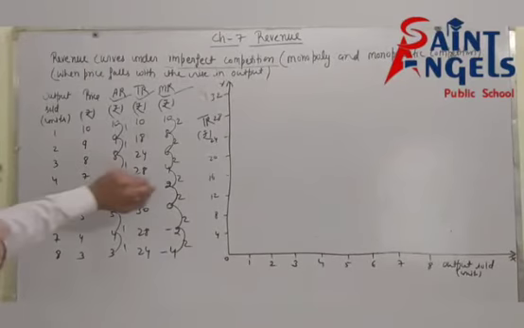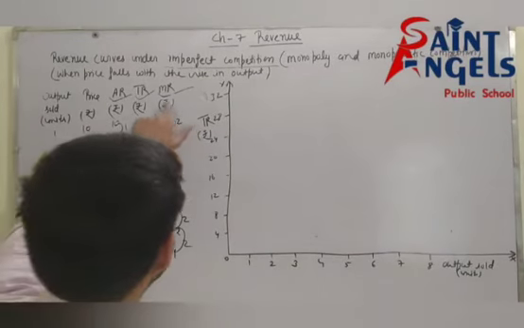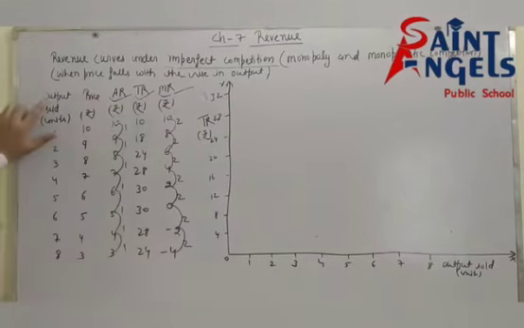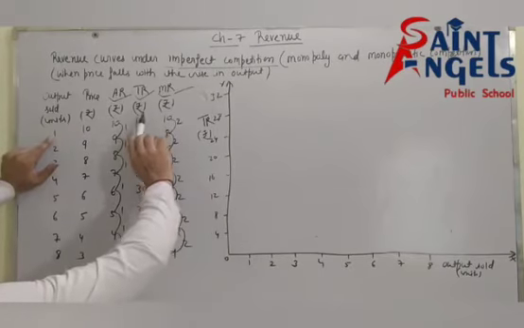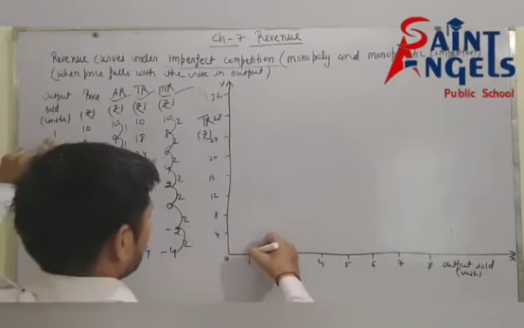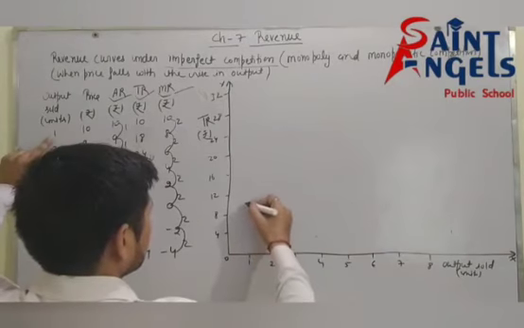Now we will put the value of TR against the value of output. At the first unit of output sold, the value of TR is 10.